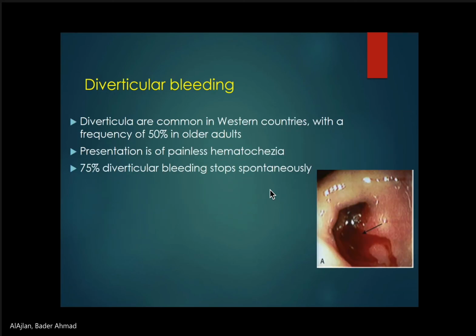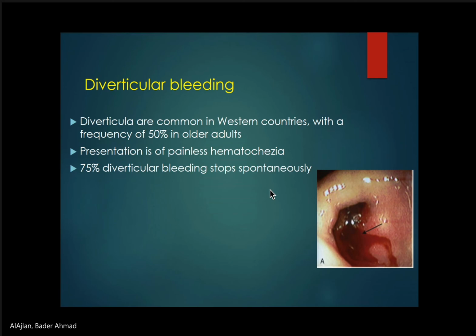So how about this diverticular bleeding? Is that common? In the Western world, yes, it's common. Here it is less, but now with the trend of changing the diet, things have become different. We have become more like Western countries. We're seeing it more with the elderly people, but it is also seen in younger people.